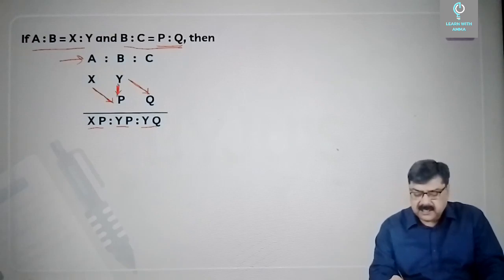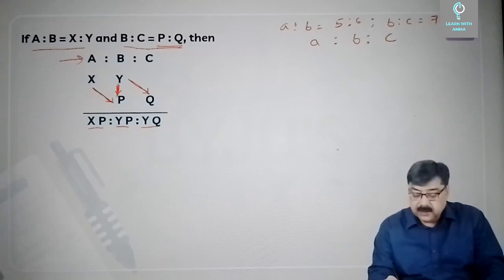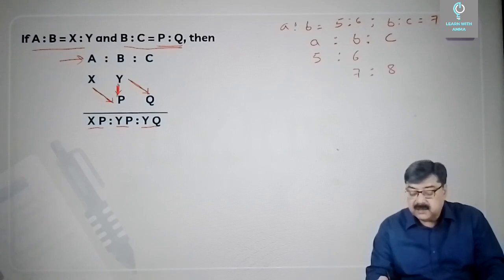Now similarly, let us say that you have 3 ratios. A is to B is 5:6, and B is to C is 7:8. Now you need to find out A is to B is to C. So what do we do? This is 5:6. You write 5 and 6 below A and B respectively, and then below B and C respectively you would write 7:8.